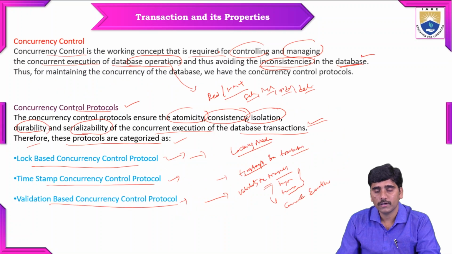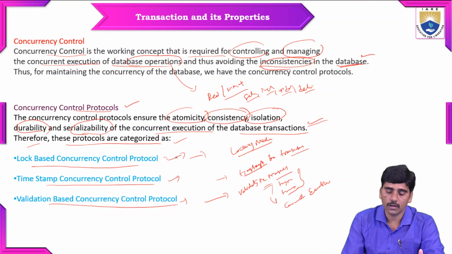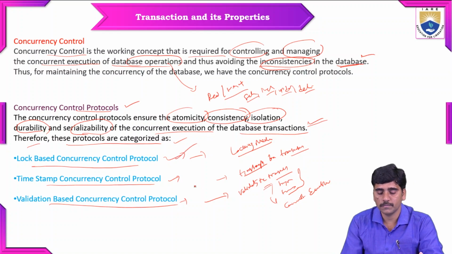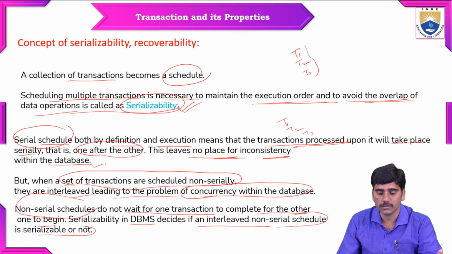To avoid problems of concurrent execution, we can use the concept called concurrency control, which is how to control and manage the execution with the help of different operations. Here we use concurrency control protocols like lock-based protocols, timestamp protocol, and validation protocols. These are all used for controlling the concurrency process.